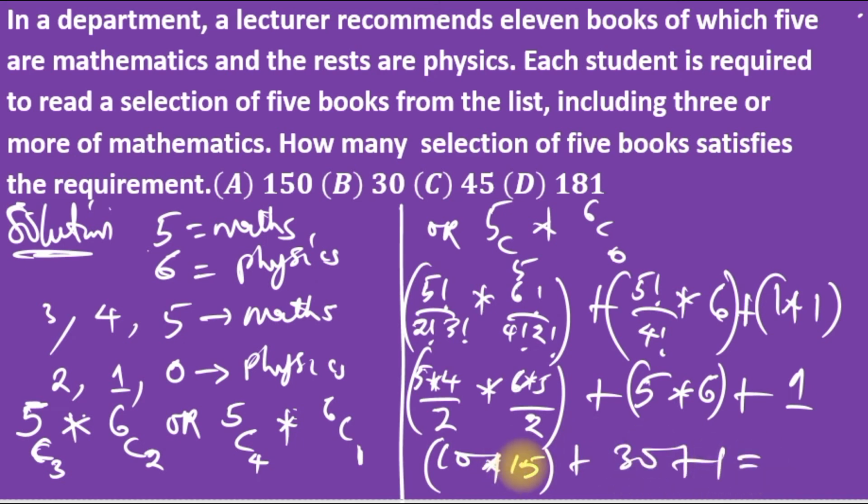So we have 150 plus 30, 180, plus 1. We have 181. So our answer is D.